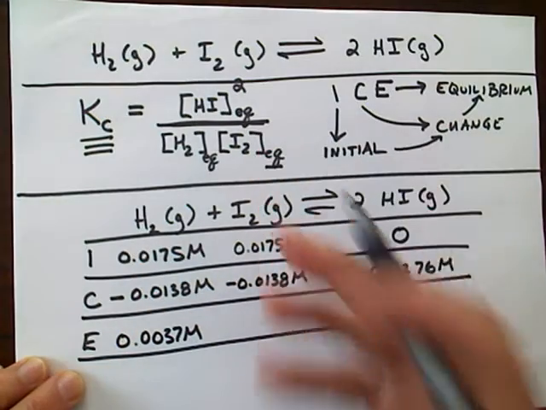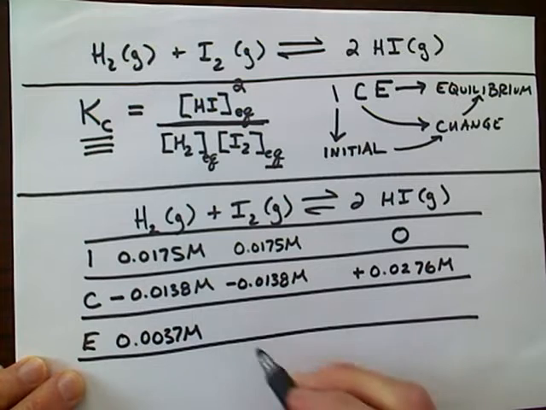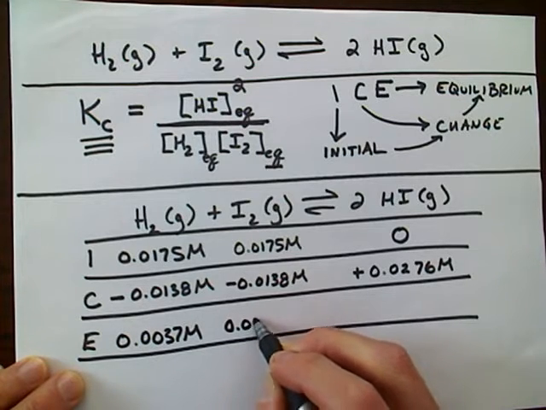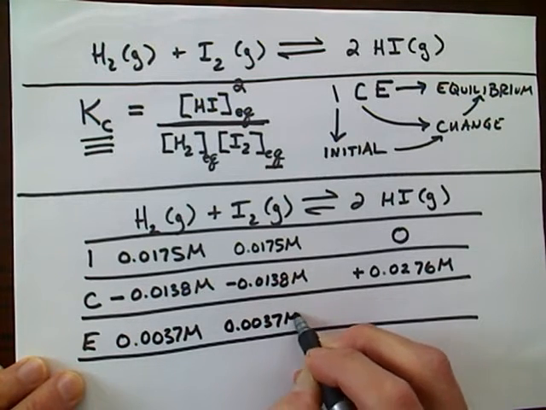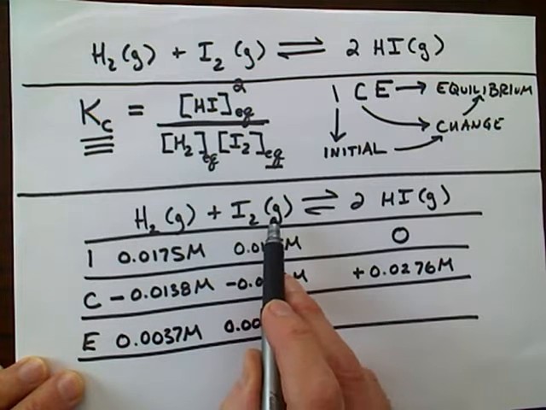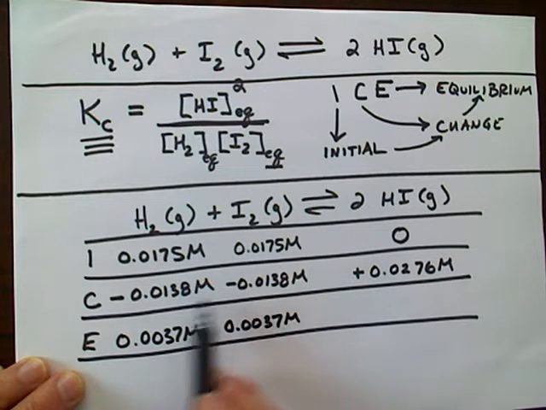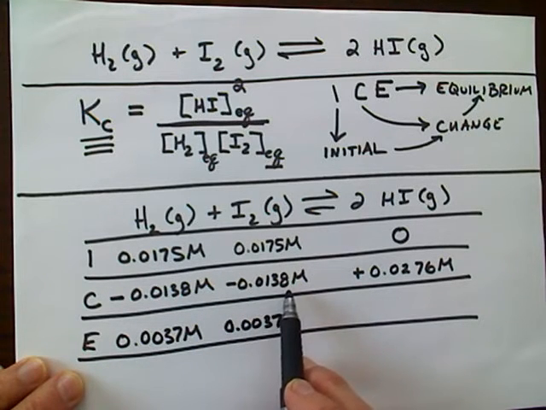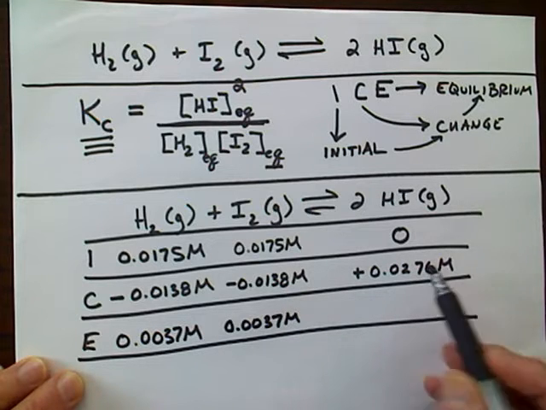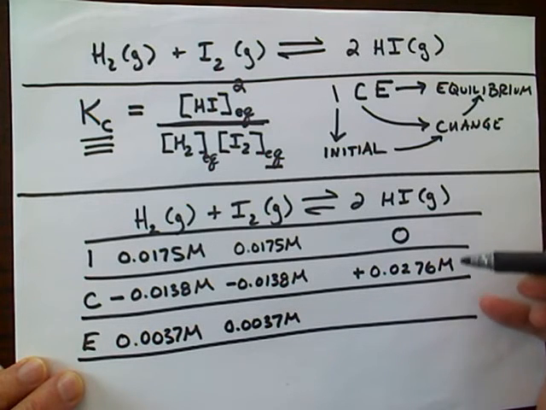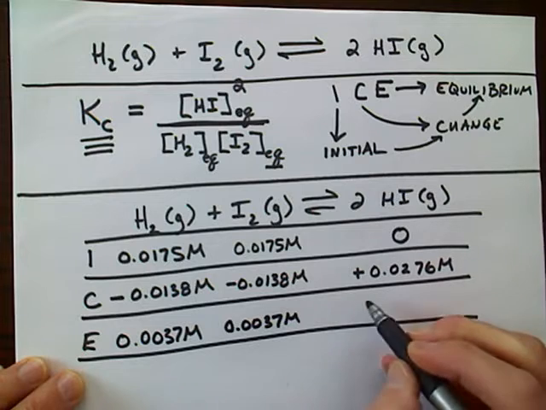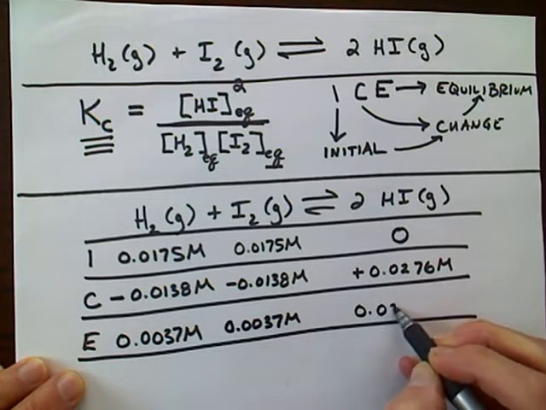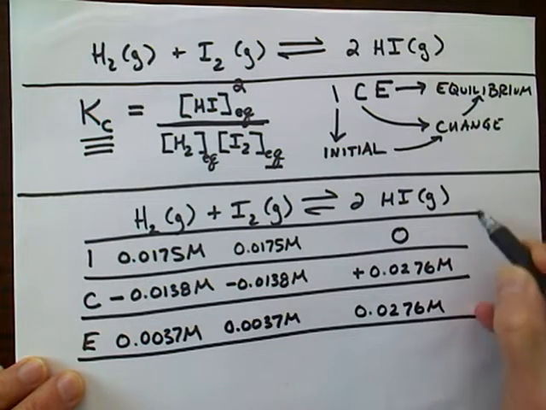And of course, we're going to get the same thing for iodine, right? It's the same numbers. So our equilibrium concentration of iodine is going to be the same as for hydrogen, because you started with the same, and by stoichiometry, you lose the same. Over here, we started with 0. We gain 0.0276, and that means at equilibrium, we're going to have 0.0276 molar of our product.